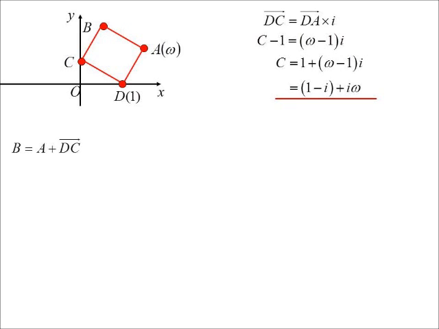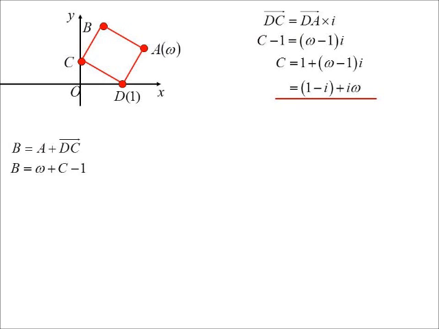If I want to work out B, okay, I could say, well, to the point A, I'm sliding the vector CD or up, or DC up. So I'm saying to the point A, I'm going to add the vector DC.